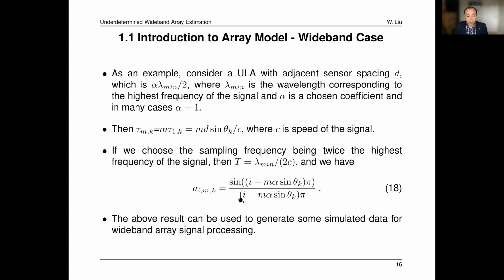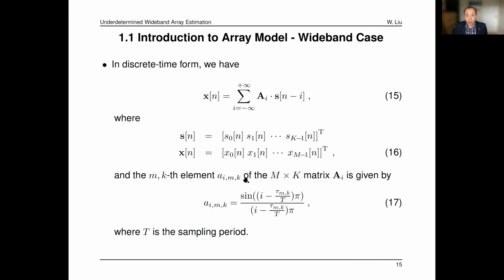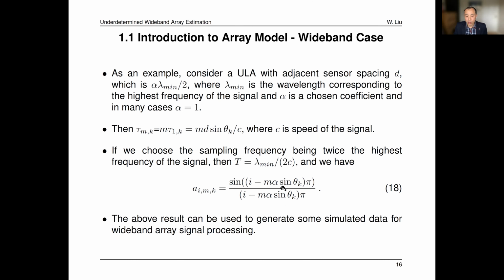From my own experience, when I ask some students to generate wideband data, they don't use this. They try to generate many signals with many different frequencies and add them together. That's not correct. You have to use this convolution operation, using this representation to generate the data. That will be the real wideband data model.